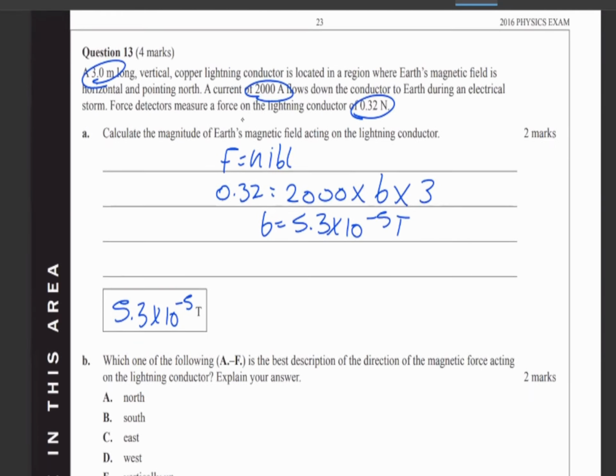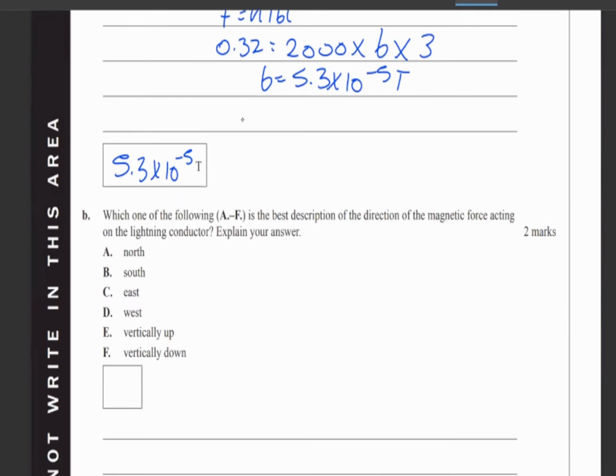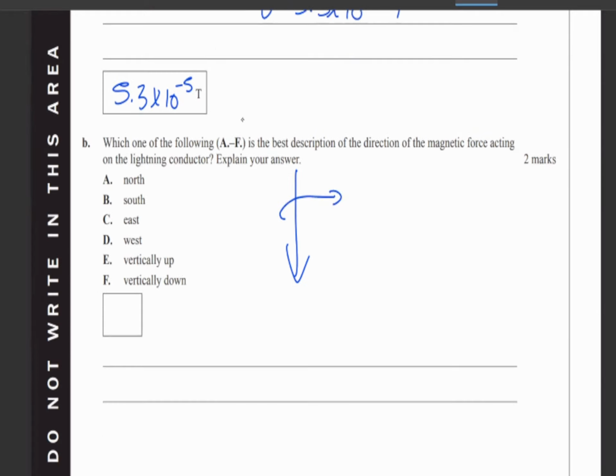So it says that the current is downwards. So if we're using the right hand grip rule, your thumb would be down and it's gripping it this way. So then it's towards the right.